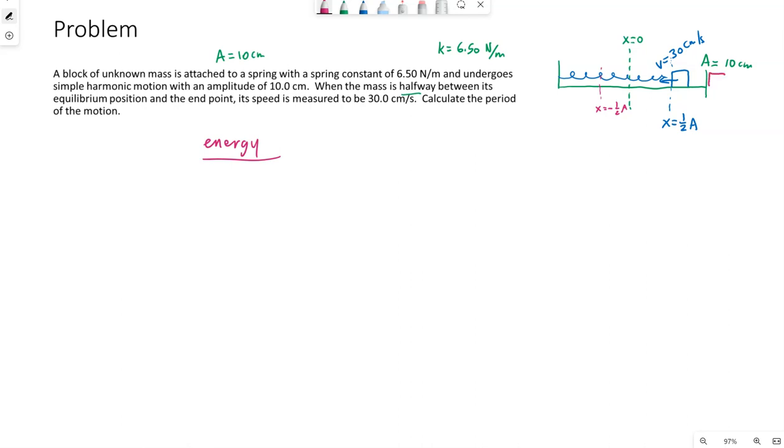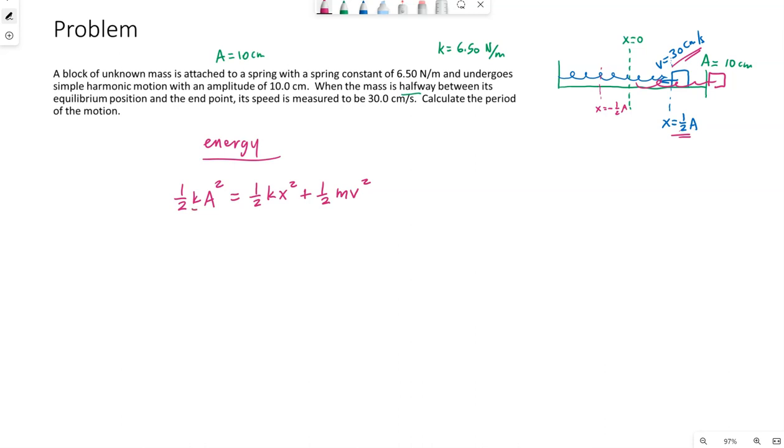I know when the mass is out at the amplitude, all of the energy would be potential. I know A, I know k, so I could find this total amount of energy. At the moment in time that they've given us this speed and where the mass is, the spring is still stretched, so there is some potential energy, but the mass is also moving, so there is also some kinetic energy.